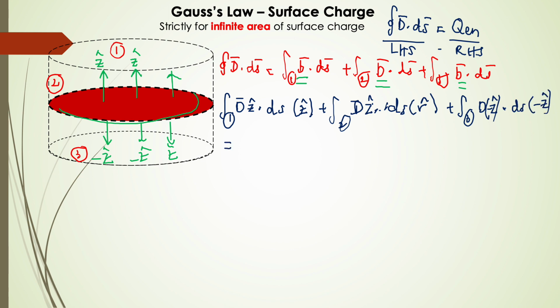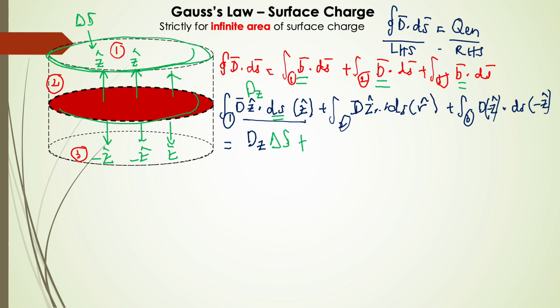If we solve this, your D will become Dz. The dS will be the area of this whole top surface. So let's give the whole top surface the area S.